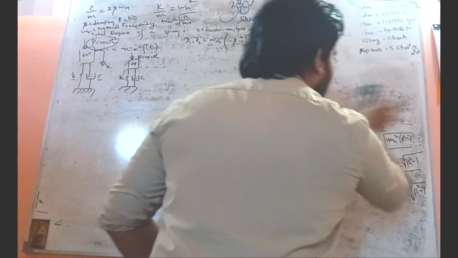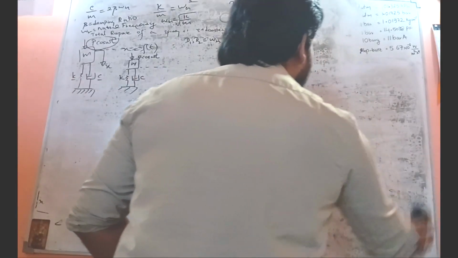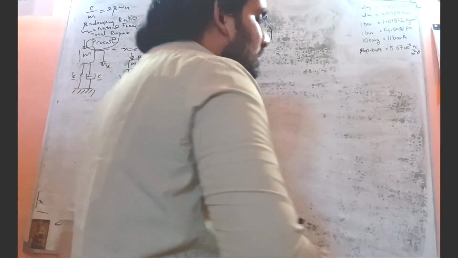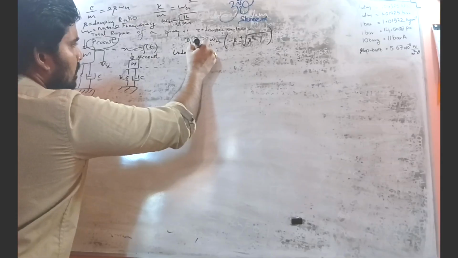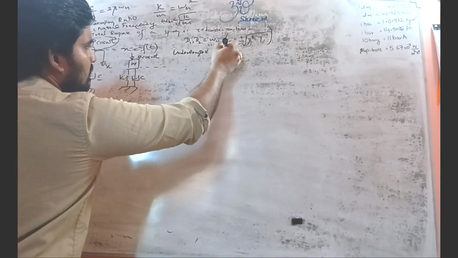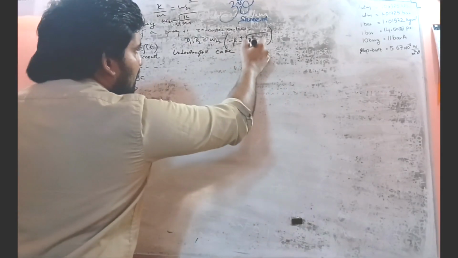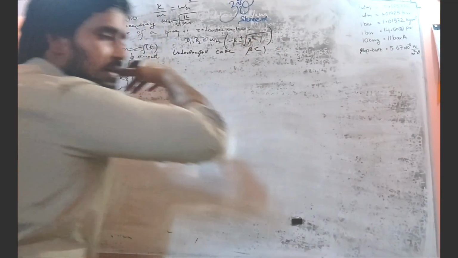So I don't need this part either, so I will erase that as well. Now here I am going to consider the underdamped case. Underdamped case means where beta is less than 1.